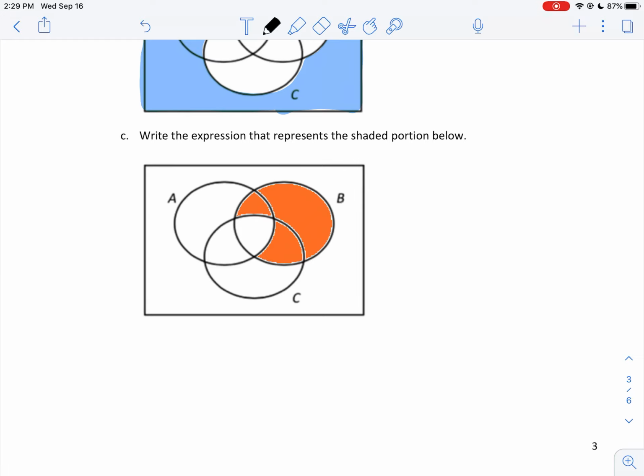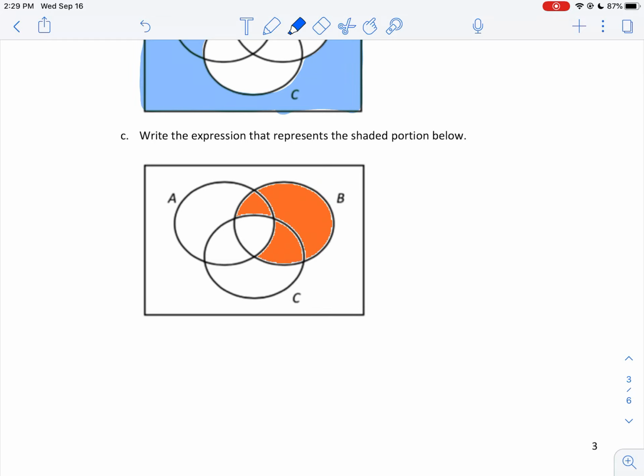So there's lots of ways you could do this. It looks like B is going to be doing an intersection with something else. I'm trying to think of a way to shade a few pieces here where what's in orange would be shaded twice.